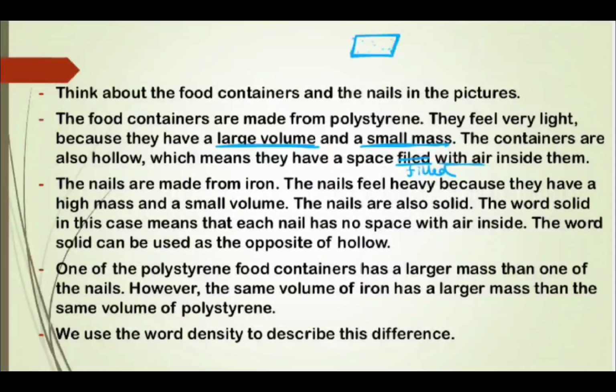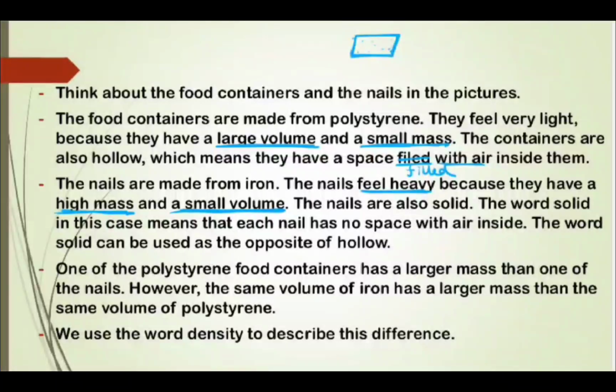The nails are made up of iron. The nails feel very heavy because they have more mass, more number of particles in them, in a very small area. So many particles are packed in. The nails are also solid, so the intermolecular spaces between them is less.